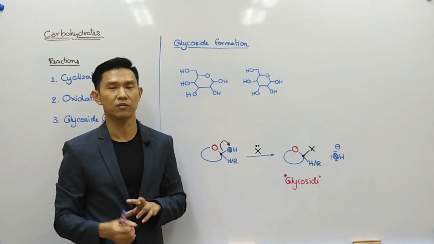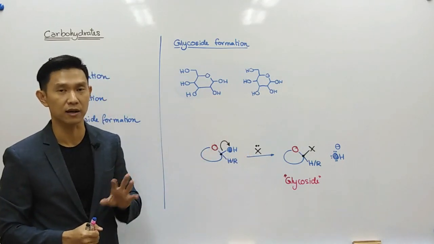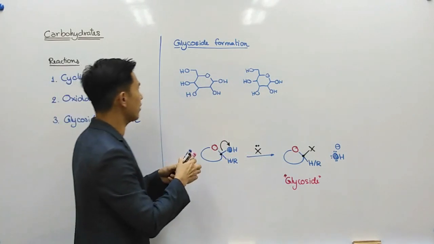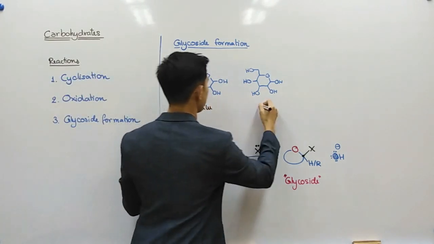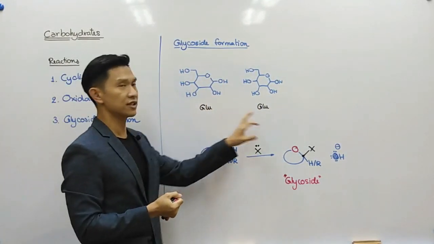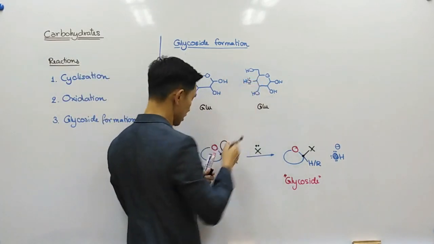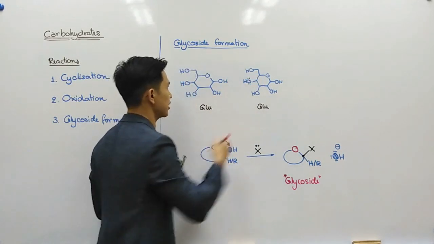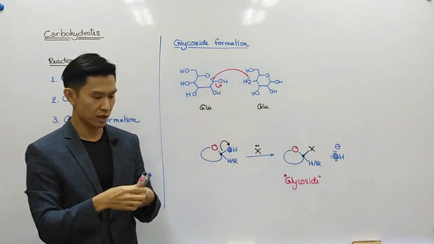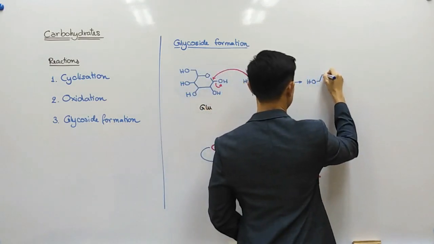So it depends on what kind of enzyme is used in the chemical reactions in your biological system. So let's say you have a glucose over here, and another glucose over here, and the enzyme of a plant is used to condense these two glucose together, by the electron pair of the oxygen over here, controlled by the enzyme, using this electron pair to substitute and kick out this OH. So at the end, the product is like this.